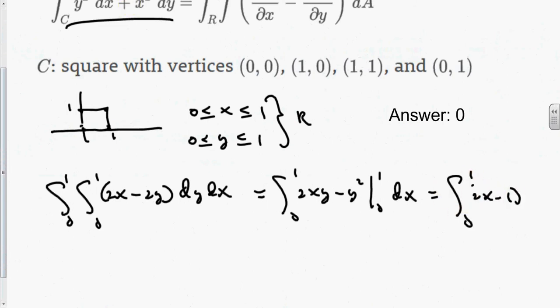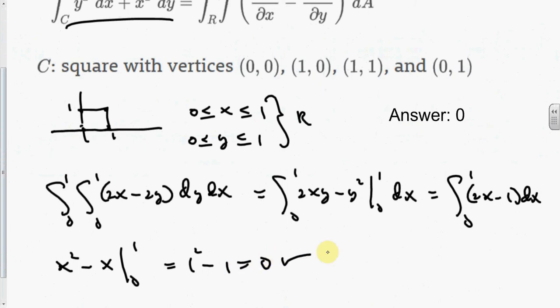Now we'll integrate that with respect to x. So we get x squared minus x. Evaluate that from 0 to 1. We get 1 squared minus 1. Get 0.